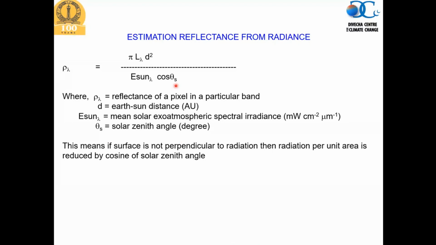It reduces with the cosine, so you use the cosine of theta s. What it means is, if the surface is not perpendicular to the radiation, the radiation per unit area is reduced by the cosine of the solar zenith angle. Remember this: if the surface is inclined, its incoming solar radiation is reduced by the cosine of the zenith angle.